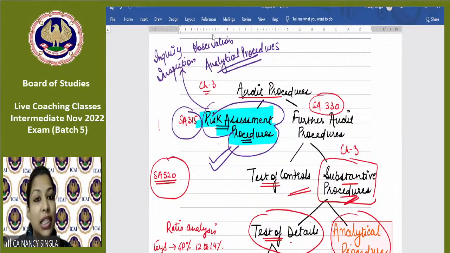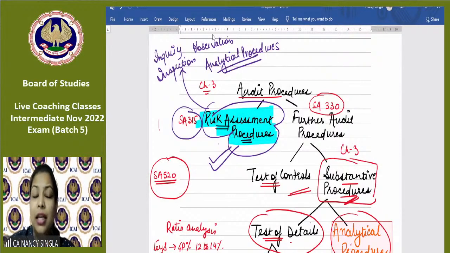So when the auditor is analyzing the data, he is performing risk assessment procedures. What are risk assessment procedures? The procedures which are performed to identify and assess the risk of material misstatement. How? Through understanding the entity and its environment. So the auditor got an understanding that since in the Corona period, the event management companies have suffered a lot. There has been a great impact on their business.